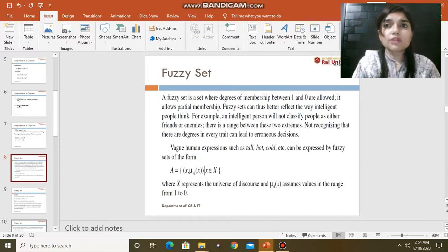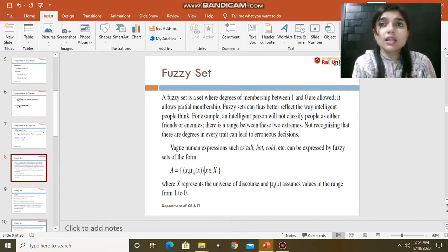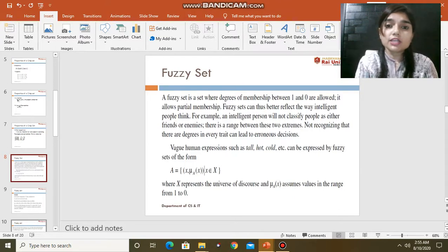These are adjectives or linguistic terms used by human beings, and all these linguistic terms can be handled using a fuzzy set.